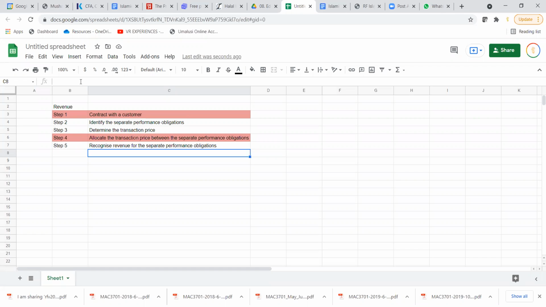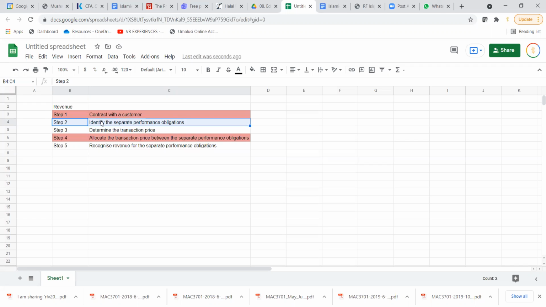Once we have identified all the promises within the contract, we then need to ask ourselves, are these promises separate performance obligations? That is the thinking. When you are dealing with step number 2, first identify all the promises within the contract.